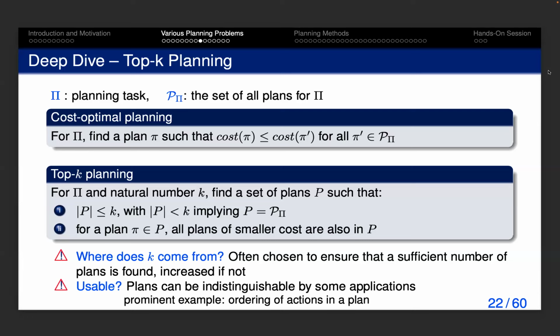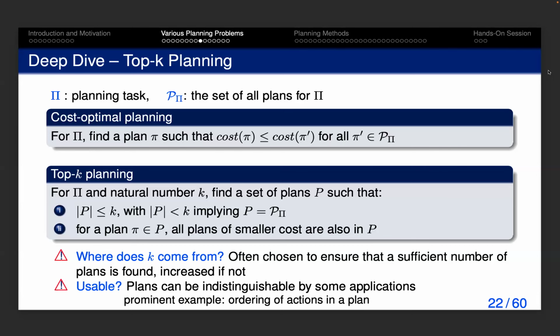Like Mark mentioned before, you might have two plans that differ in the order of two actions that are really not important from the actual application perspective. Shirin mentioned the example of sequencing APIs. The order between APIs is important, but the order between actions that achieve the preconditions of APIs, that feed information into the input of the API call, you really don't care in which order they are performed.